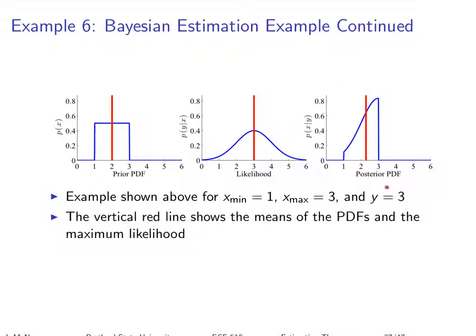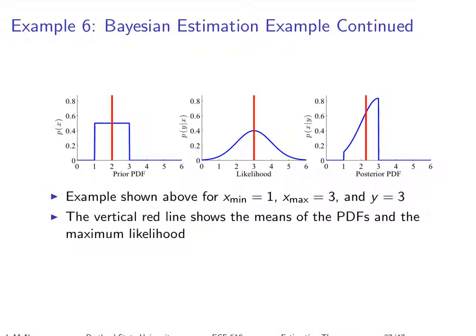But then we get to the Bayesian case, and the Bayesian is weighing these two extremes. It's accounting for both the prior information and the likelihood, and we end up with a posterior PDF, the thing that we're after, and it looks weird. It's not like what we would have guessed when we were talking about what the natural estimator would be.